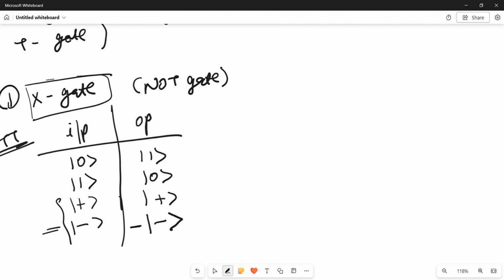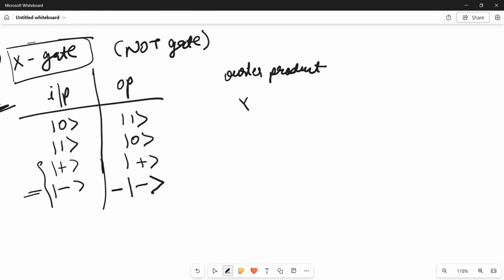And your outer product. My outer product is X equal to, now just observe how, using this truth table, you no need to learn each and everything, just understand the truth table. You'll be able to write your outer product, and you'll be able to derive the matrix very easily. So like this.